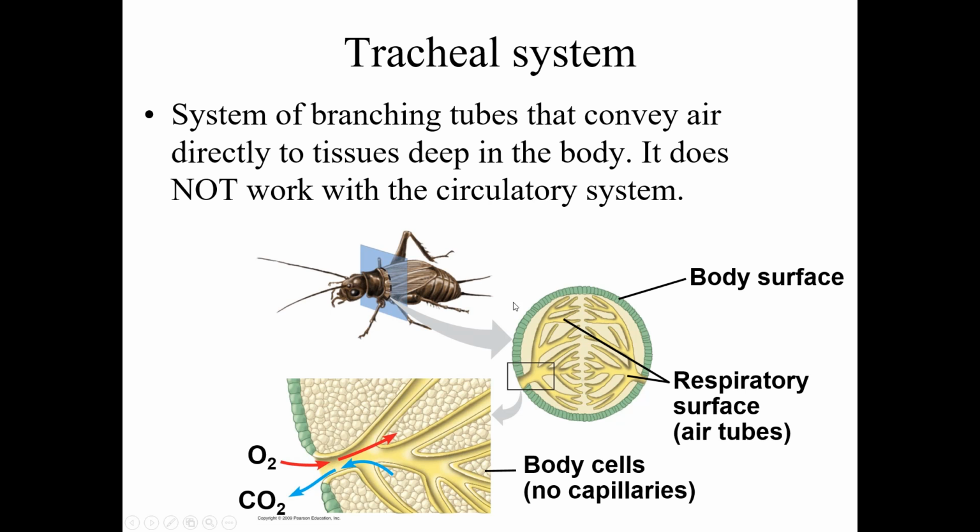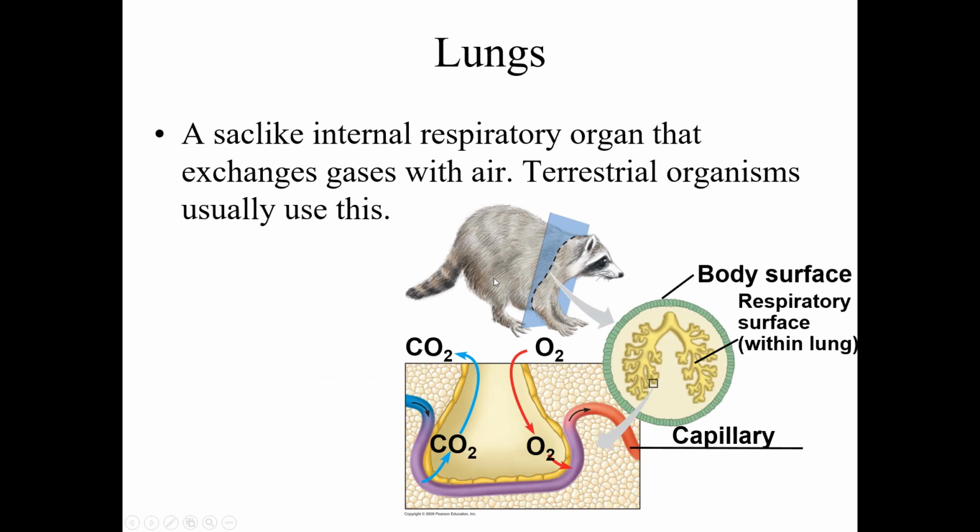And so what happens is these insects have these little openings along the side of their body that are called spiracles, and they don't just have one opening, they have lots of little openings. The spiracles lead to these branching tubes, and those tubes branch and end next to pretty much every single cell in the body, and so we've got atmospheric air taking oxygen-rich gases right next to every cell in the body, and so that's why we don't need the circulatory system to help. It's because this system takes the oxygen directly to the cells.